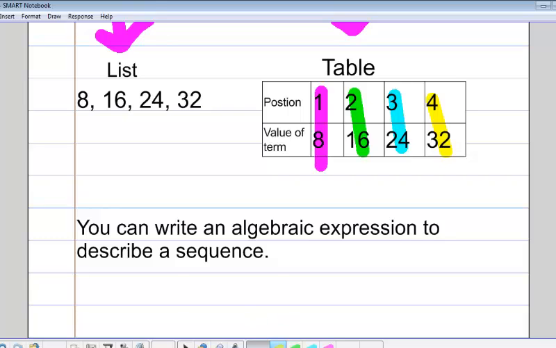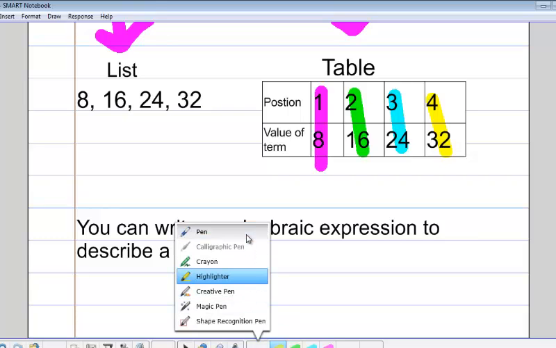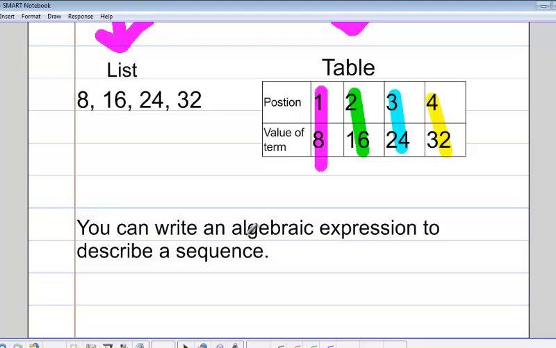So if we were going to continue this sequence, and we wanted to figure out what the 6th term would be, what we would do is we would make n the number of the sequence, and then we can decide what we're multiplying by, because we said we multiplied by 8 through each of these. So our algebraic expression would be 8n for the sequence.